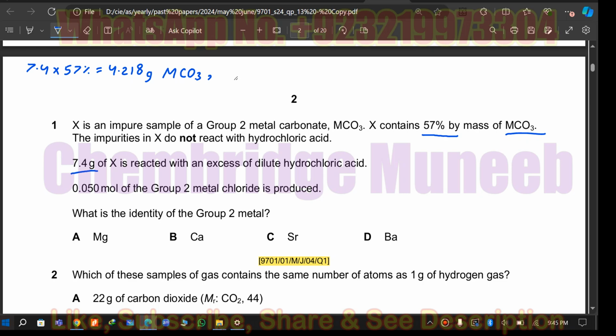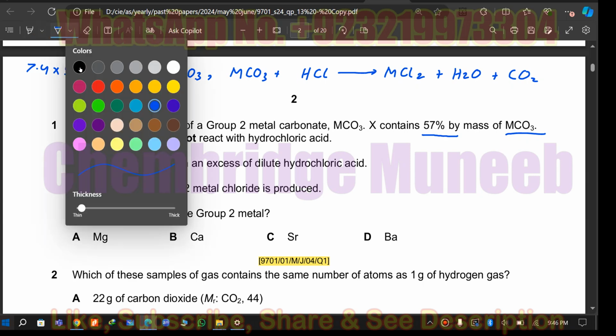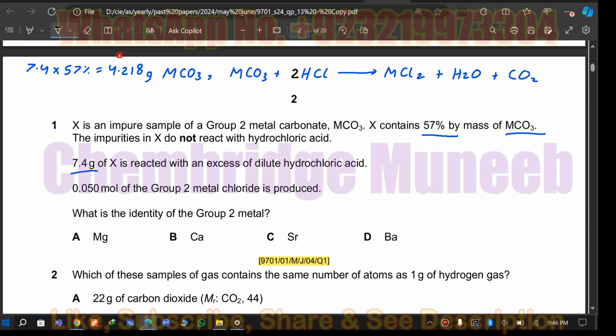Okay, now I will write the equation: MCO3 reacting with the hydrochloric acid HCl, and I will get MCl2 plus H2O plus CO2. I have already balanced the chemical equation because we need 2 moles of the HCl. So 2 moles of HCl are required.